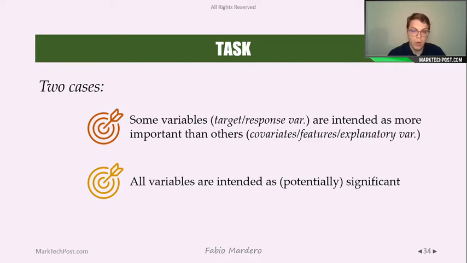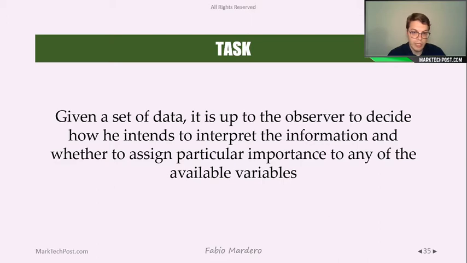In another case, all variables are intended as potentially significant. So given a set of data, a multidimensional random variable, it is up to us, the observer, to decide how we intend to interpret this information, and whether to assign particular importance to any of the available random variables, any of the columns in our tabular data, for example.